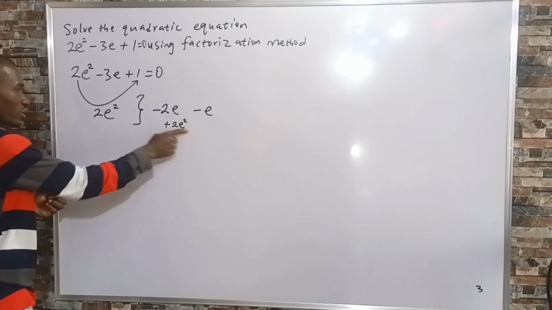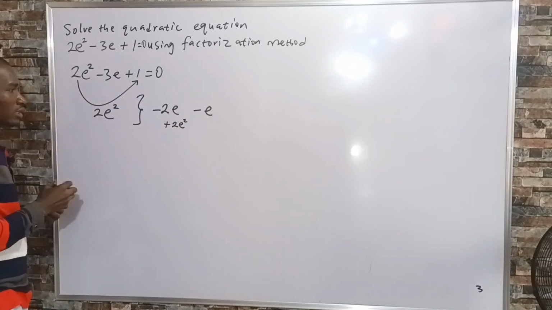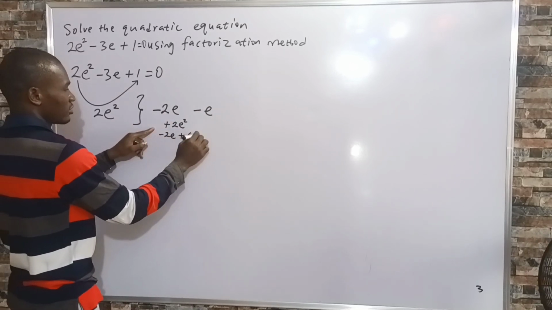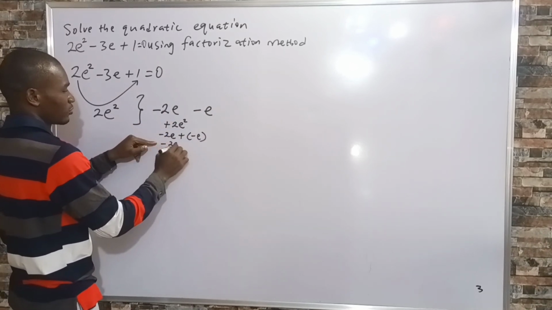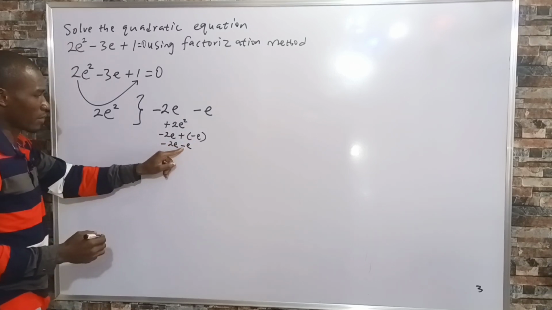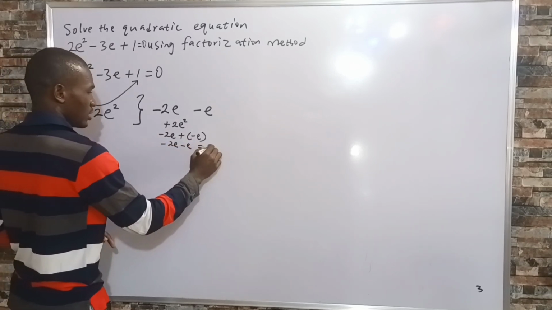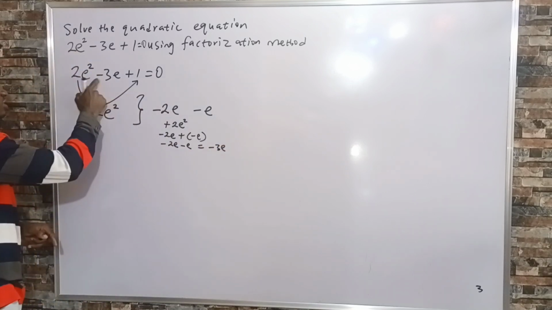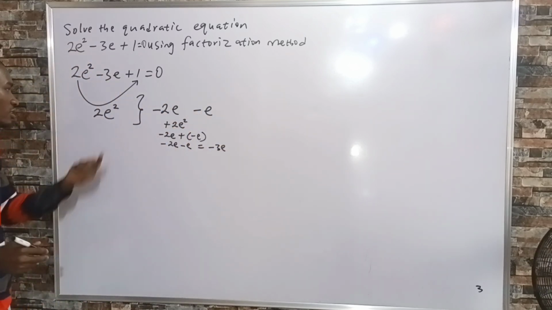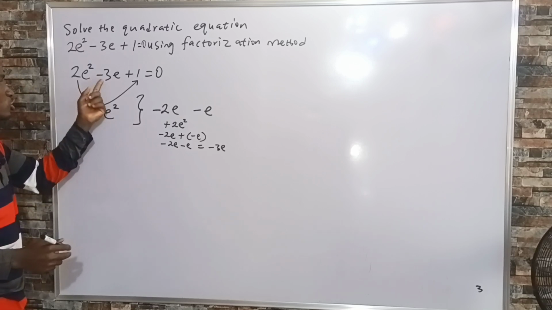If I add these two numbers, negative 2e plus another negative e, that's negative 2e minus e, which gives us negative 3e, the same as negative 3e here. So you could see that these two factors satisfy the multiplication rule and the addition rule.